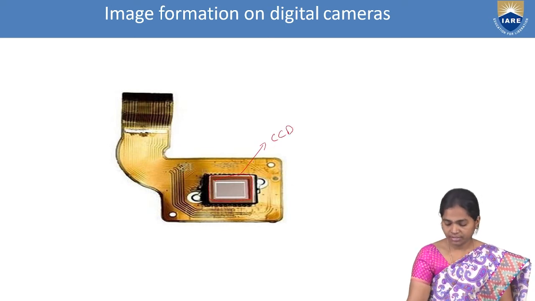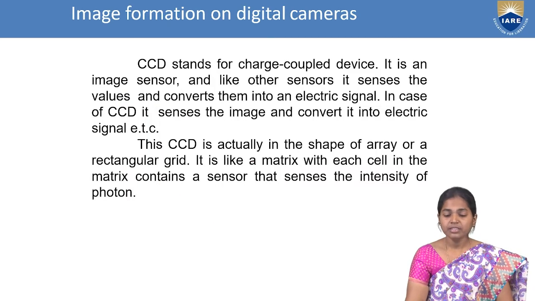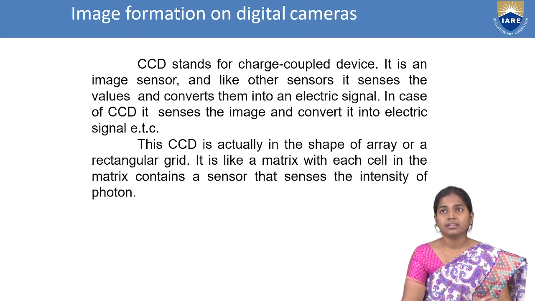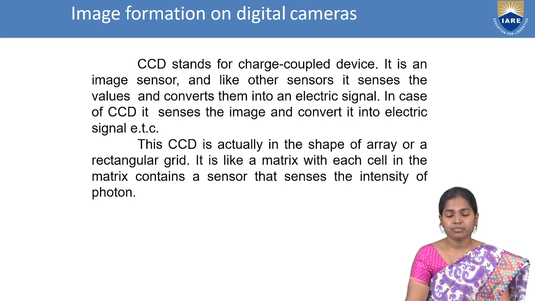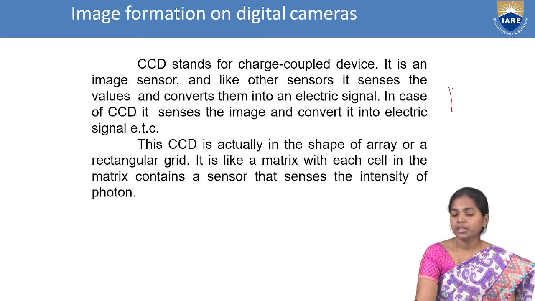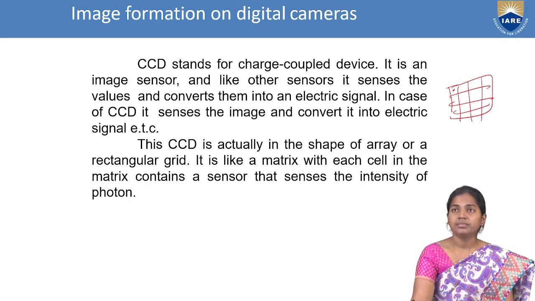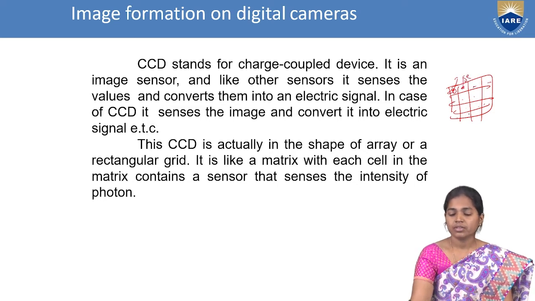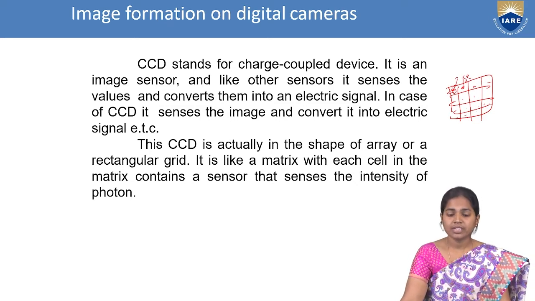In this charge coupled device, a number of sensors are arranged in a group. Here we are placing one sensor, here also one sensor, here also one sensor, here also one sensor. All sensors in these boxes. It is nothing but an array of sensors.